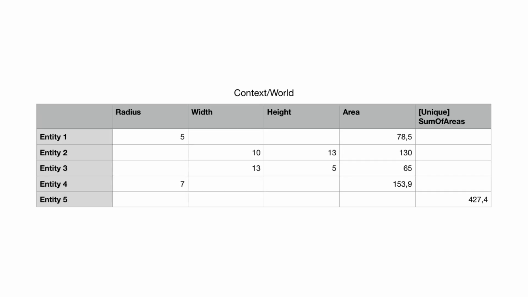If on entity 1 the radius has changed, we recompute the area, then in the system we will just get this one entity. But we would like to include all of them, right? So we still would like to say, okay, give me all the entities which have areas.